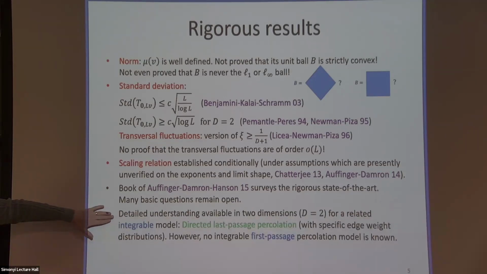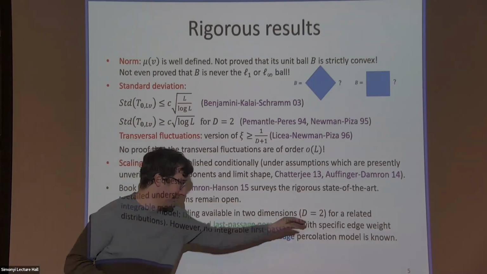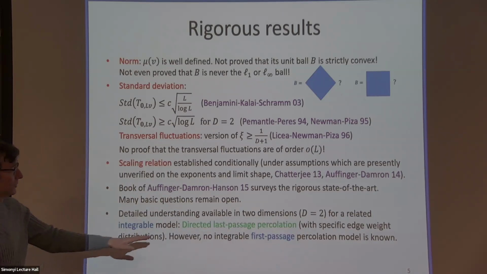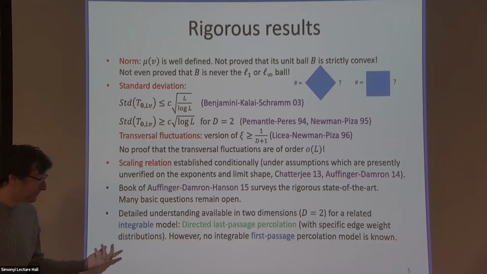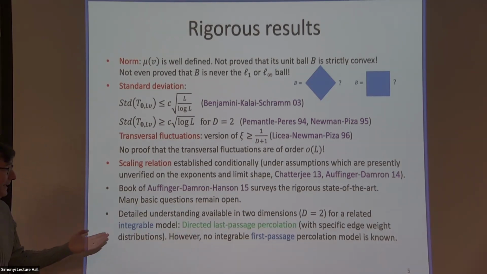Let me say that there is some detailed understanding for related integrable models, which only appear to exist in 2 dimensions. So there is a model called directed last passage percolation, and it appears that that model is integrable. So there are some directed last passage percolation models for which we can calculate everything.